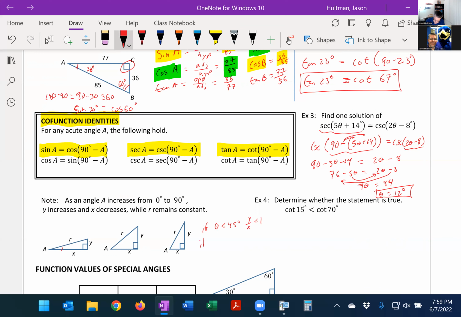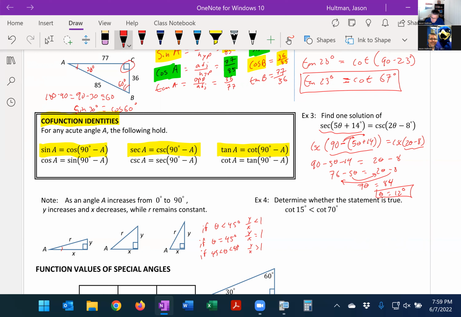If theta is equal to 45 degrees, then y over x is equal to 1. And if theta is between 45 and 90 degrees, then y over x is greater than 1. We're going to use this in our next problem.